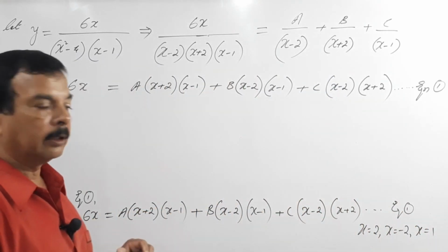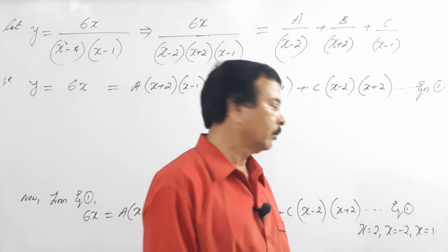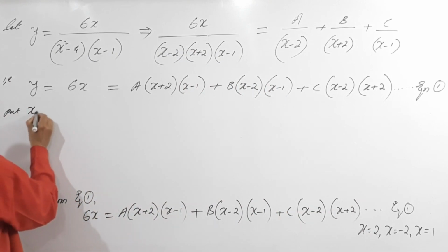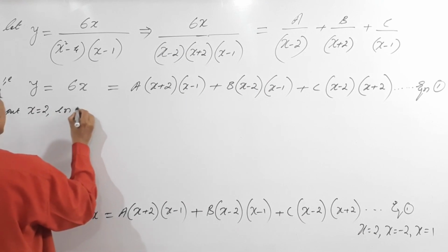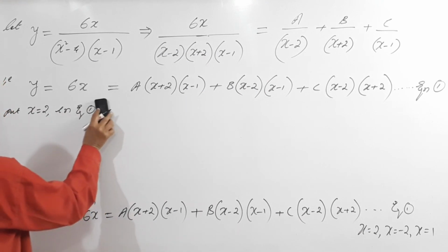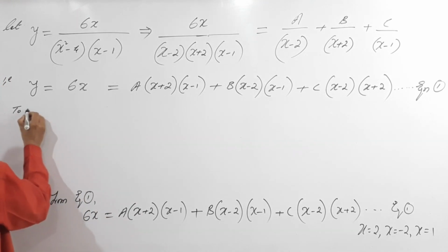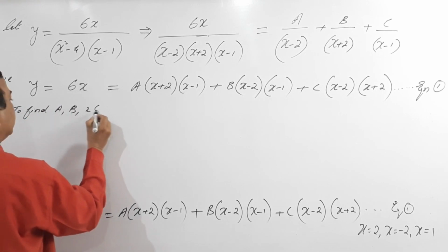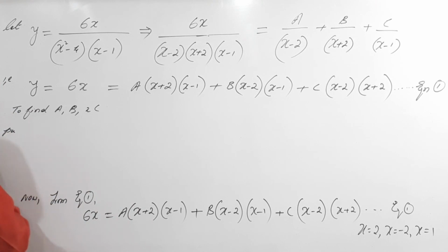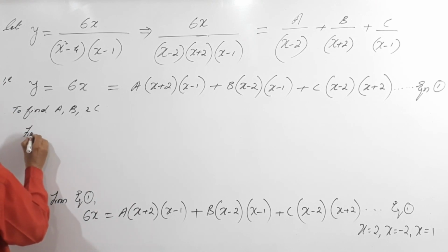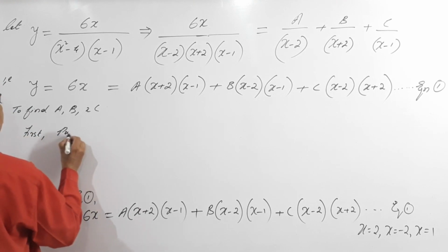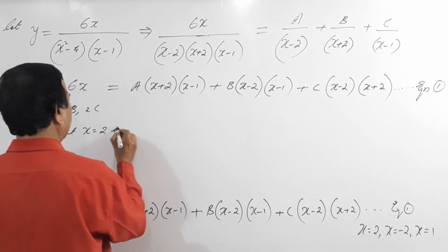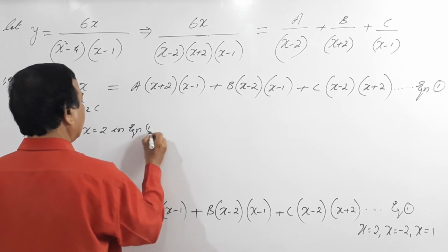To begin with, to find A, B and C, first put x equals 2 in equation 1. What happens?